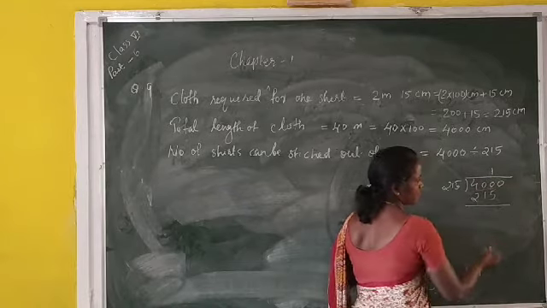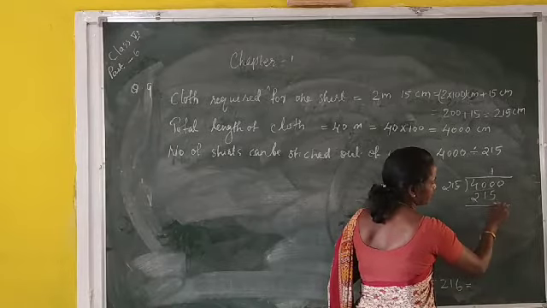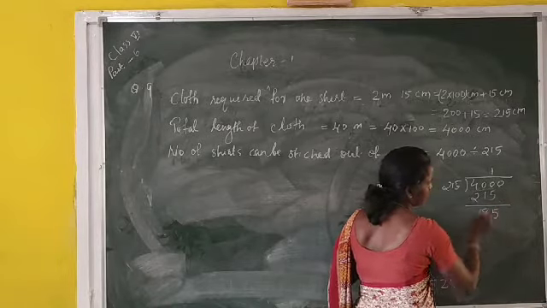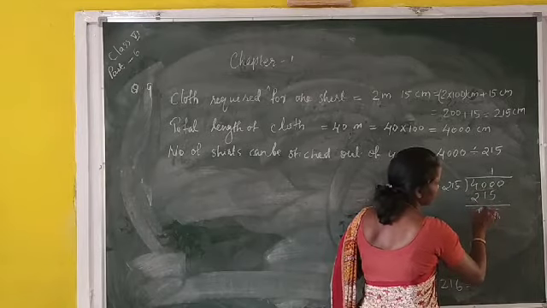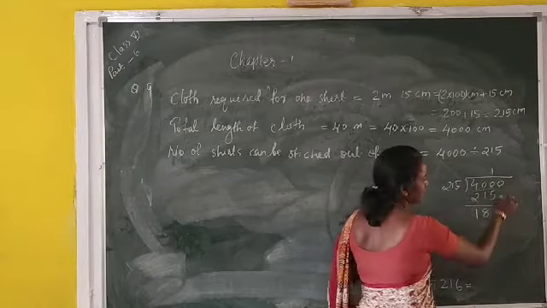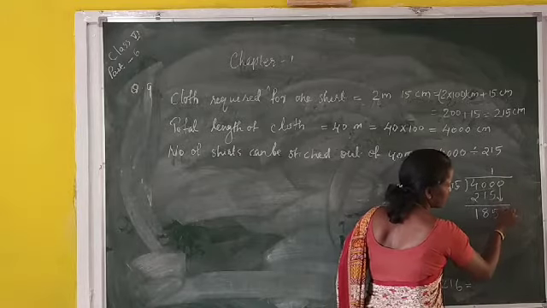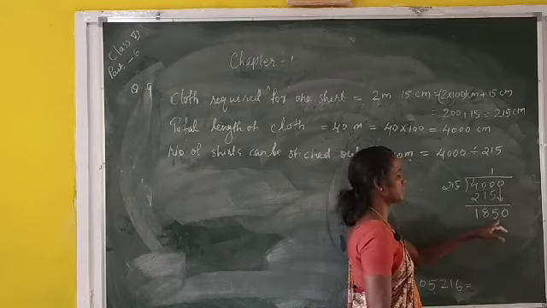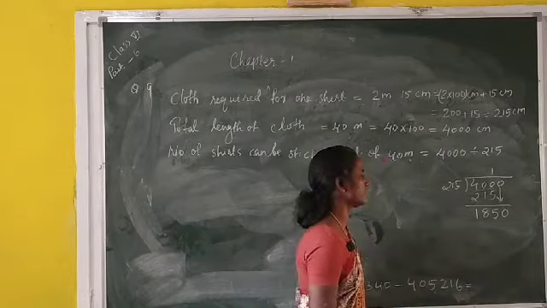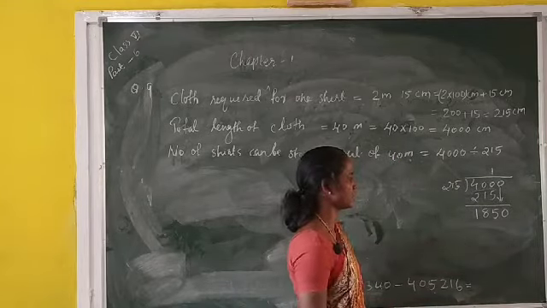Then subtract 5. Look, 8. Then next 1. Then the next digit is 0. So 0 also you write with this number. So we get 1850. In 1850 how many times?